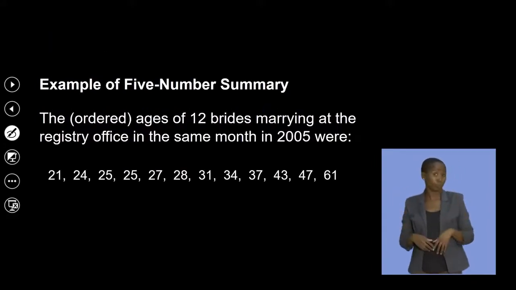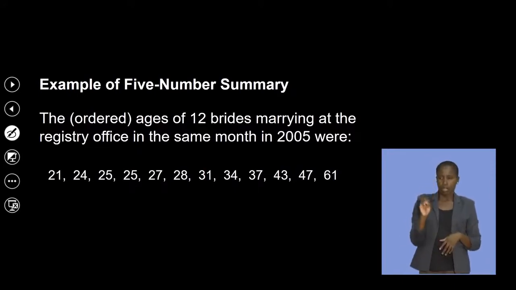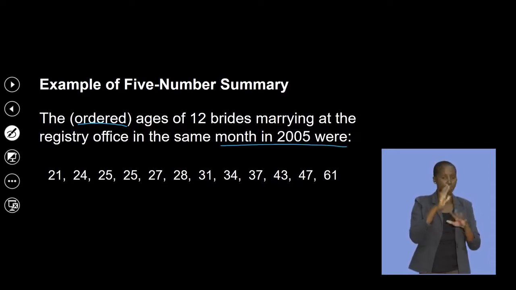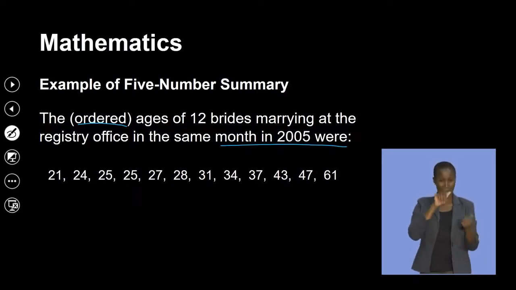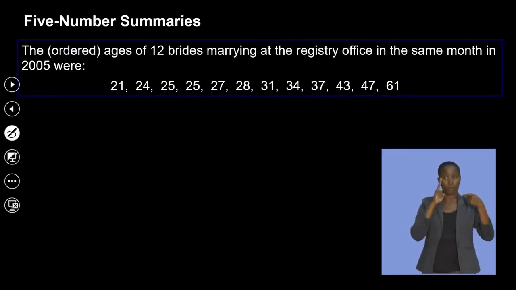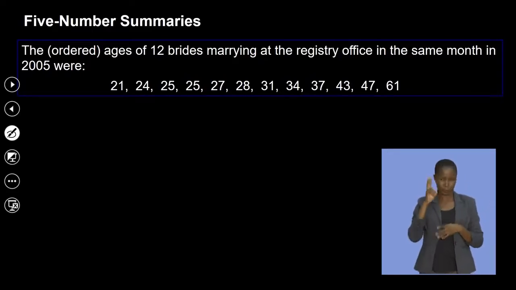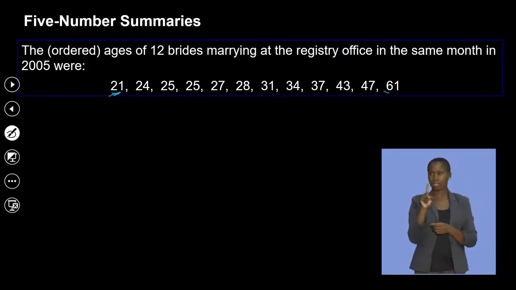So let's look at this. This is ordered data: the ages of 12 brides marrying in a registry office in the same month in 2015. What we have to do is find the 5-number summary. The data goes from 21 to 61.